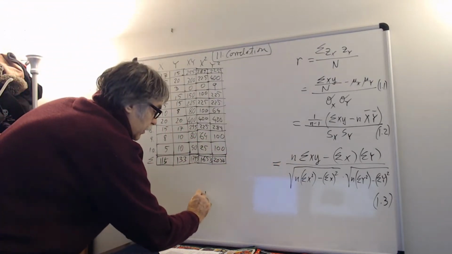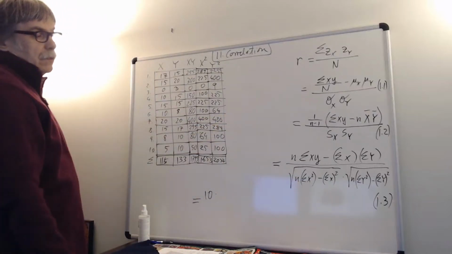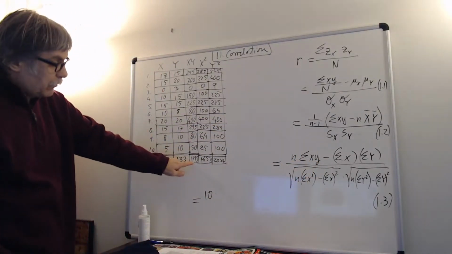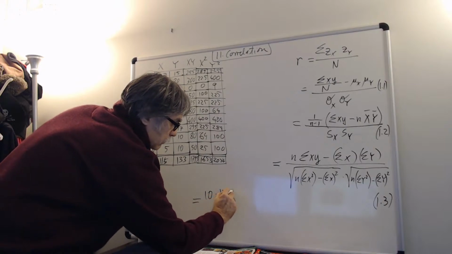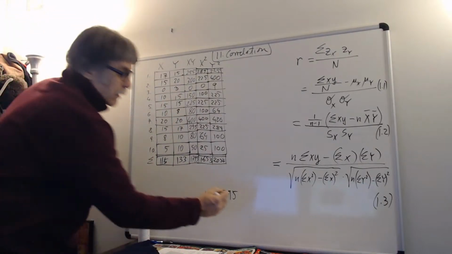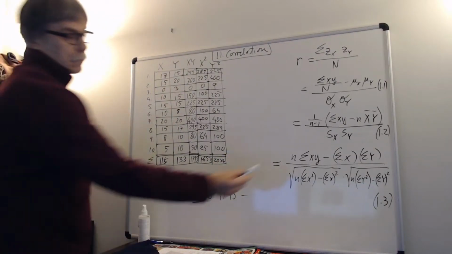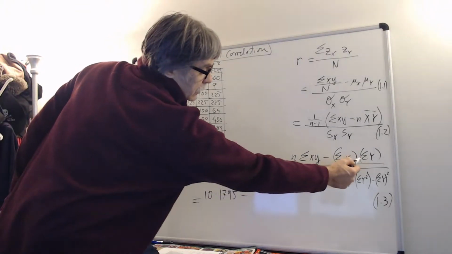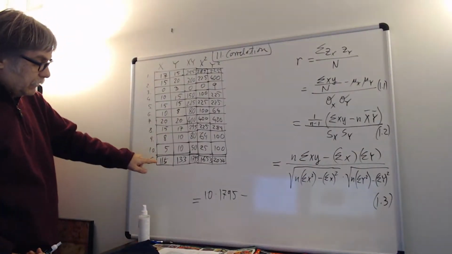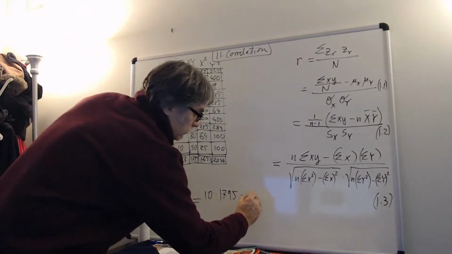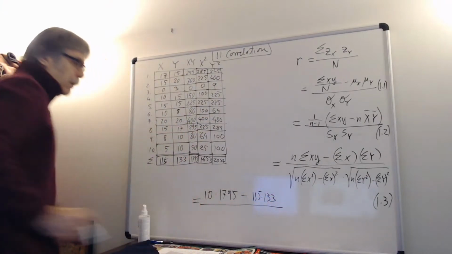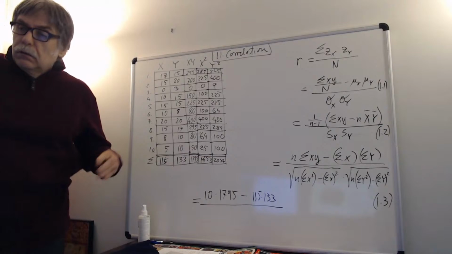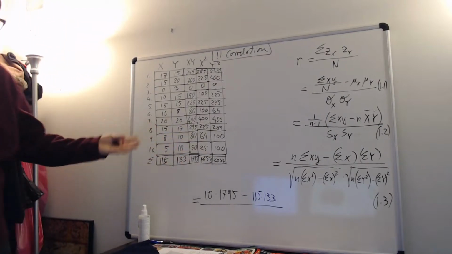N, which is 10, times the sum of xy, which is 1795. Then it says subtract the sum of x's times the sum of y's, which is 115 times 133. That's the numerator.